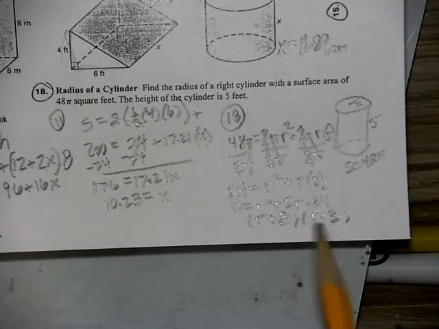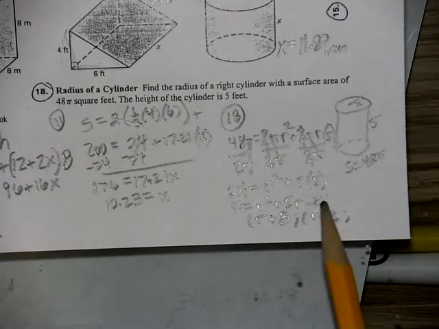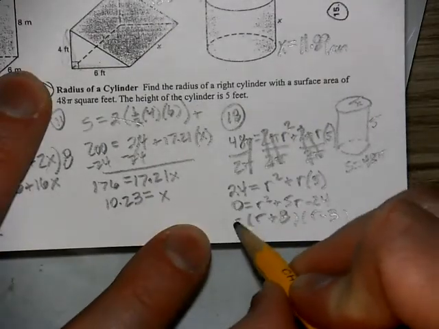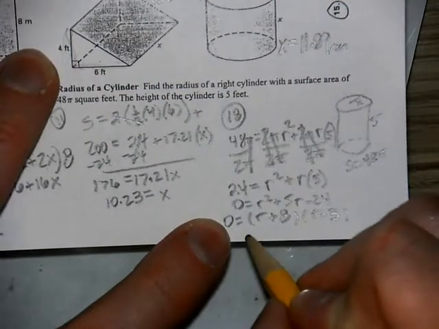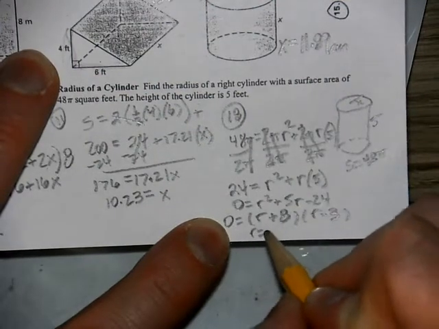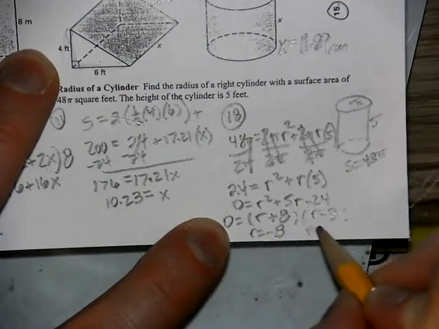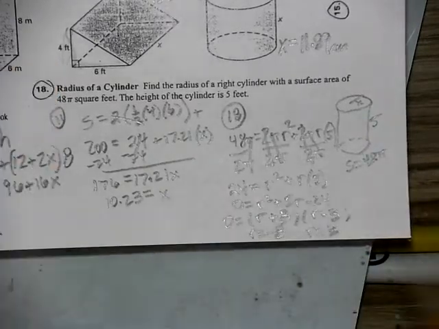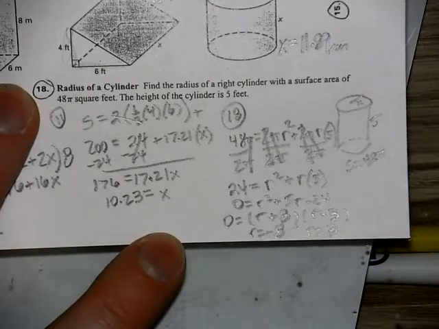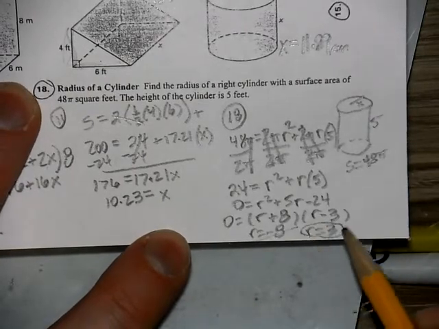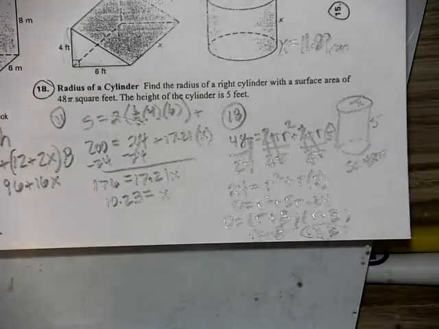You're looking for two numbers to multiply to be negative 24 that add to be positive 5. You might remember that from your algebra days. So r is going to either equal negative 8 or it's going to equal positive 3. And of course, for geometry, we can't have a negative 8, so we'll rule that one out. And we have our answer of positive 3.